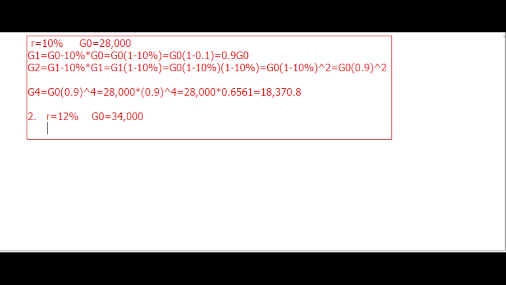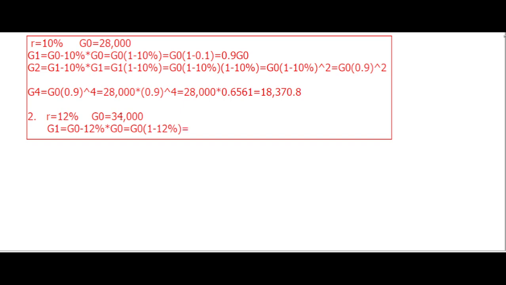Now let's calculate G1. G1 is equal to G naught minus 12% times G naught. This is equal to, let's take common G naught, into 1 minus 12%.